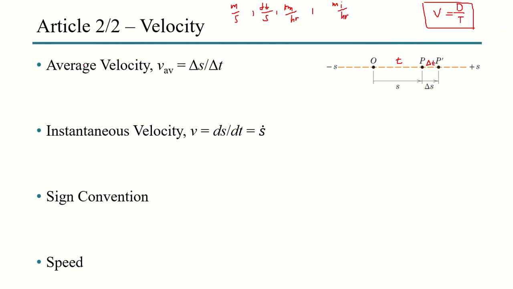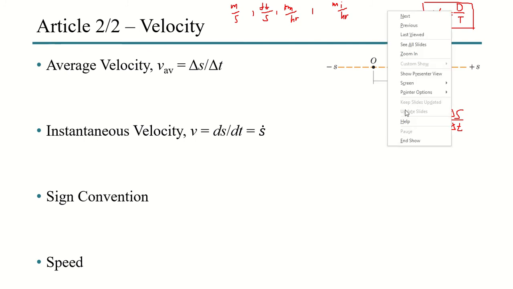Now when we speak of average velocity, this is just the ratio of this delta S and delta T. So this is our average velocity, V.